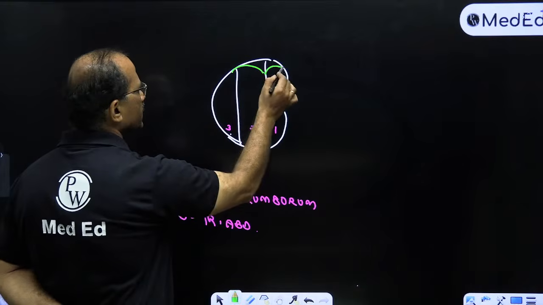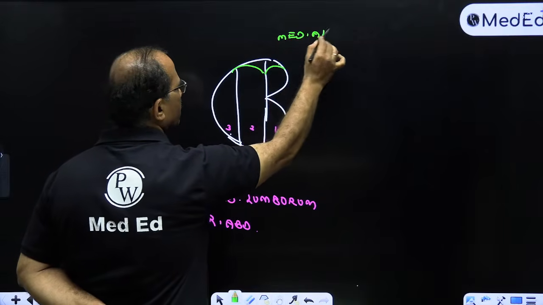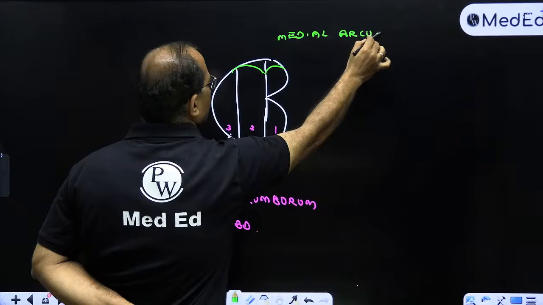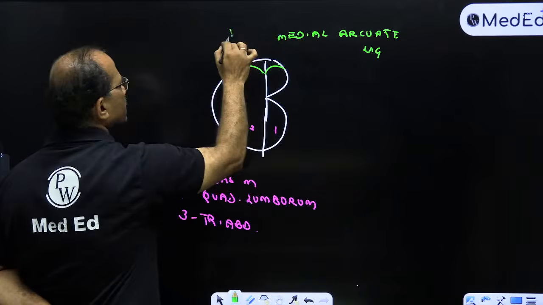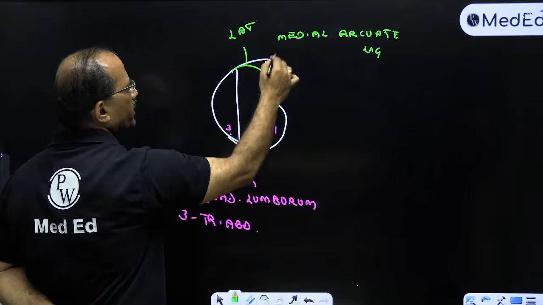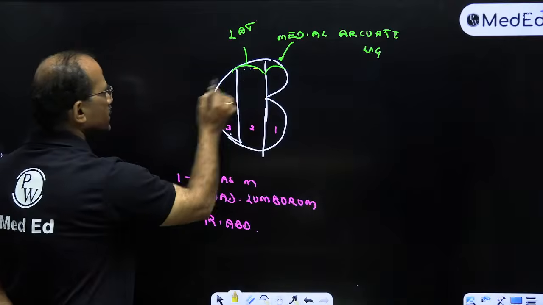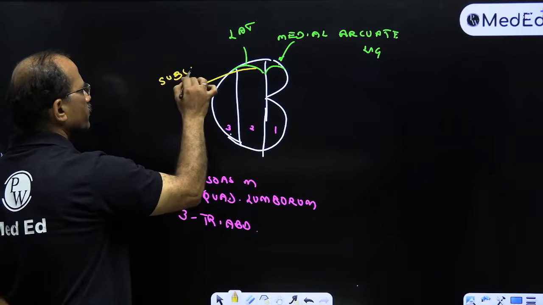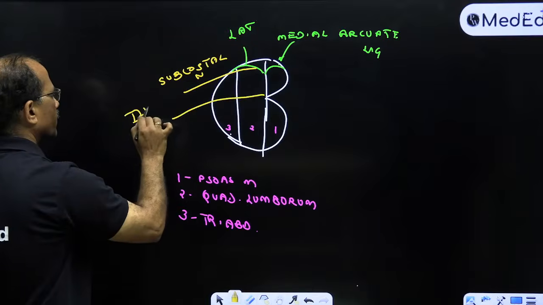What is this and this? This is the medial arcuate ligament. And what's this? Lateral arcuate ligament. Medial and lateral arcuate ligament. What is this? That's a subcostal nerve. That's the iliohypogastric nerve.